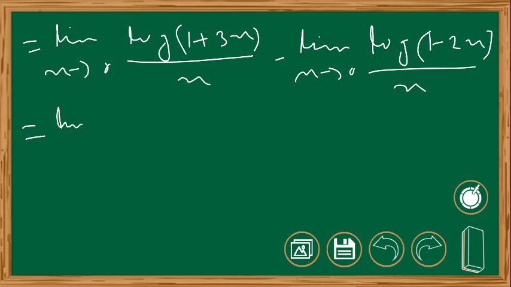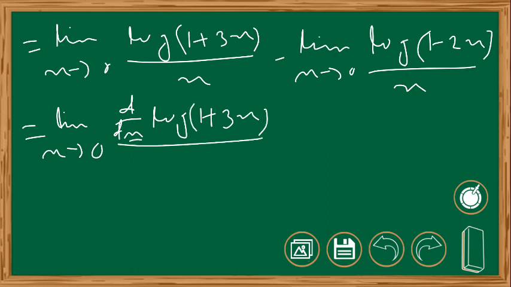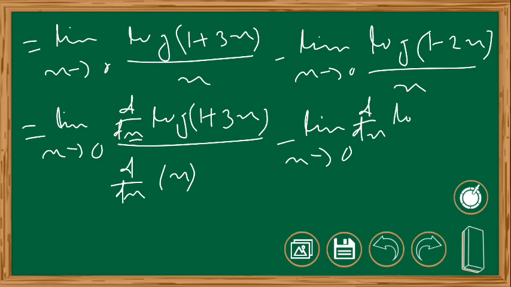So using L'Hospital rule, this will be limit x tends to 0 of derivative of log of 1 plus 3x divided by derivative of x, minus limit x tends to 0 of derivative of log of 1 minus 2x divided by derivative of x.